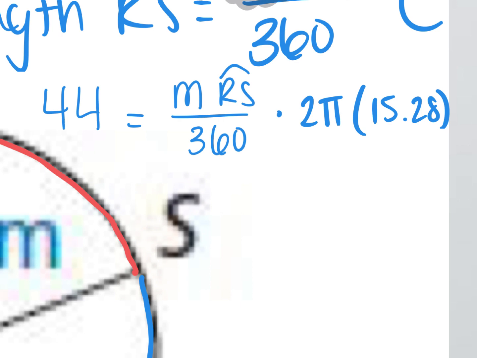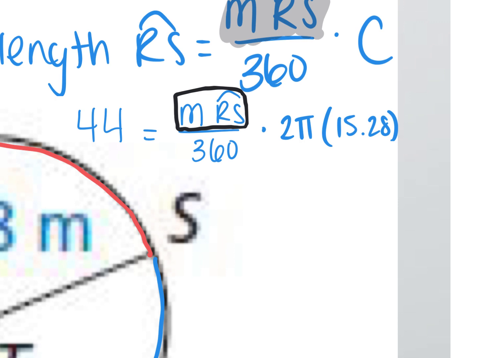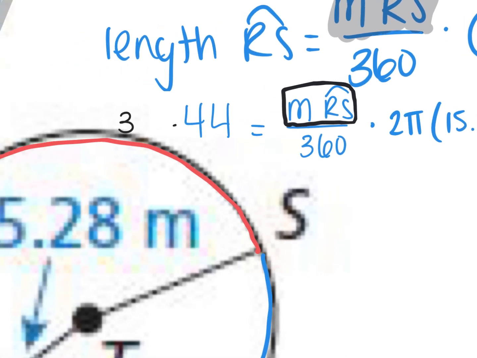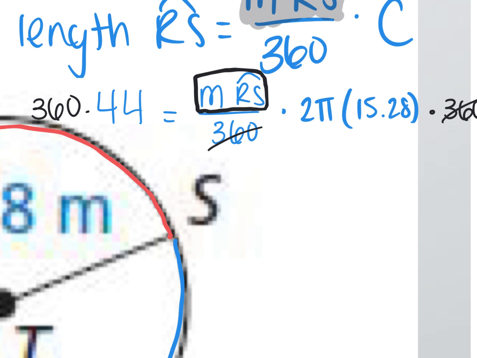This value, the measure of RS, is our variable that we're solving for. What can I do so that I can isolate it? I definitely need to multiply both sides by 360. Very good. If I multiply both sides by 360, that 360 in the denominator is now poof, gone.